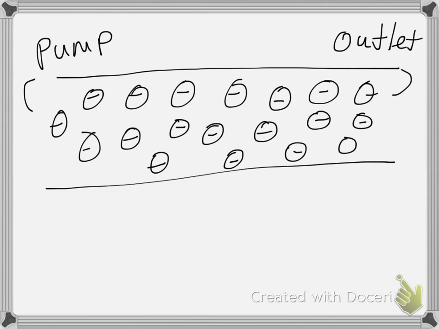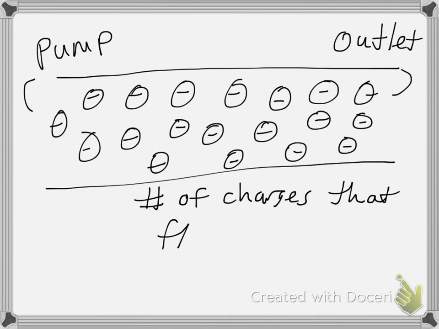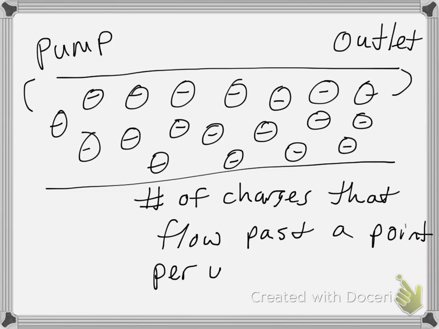What that means is that we measure the number of charges that flow past a specific point per unit time.